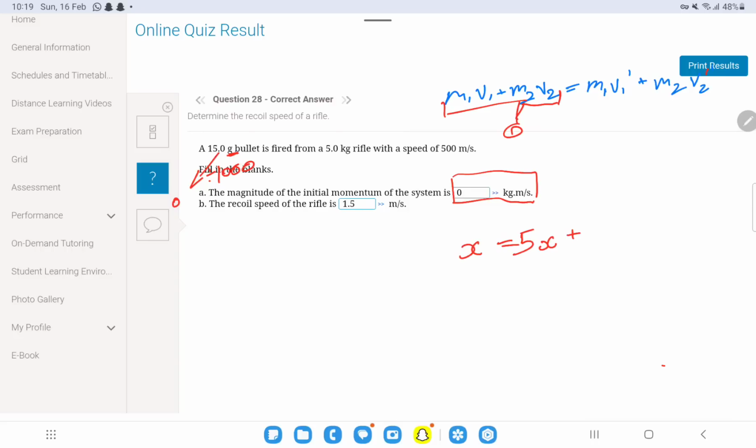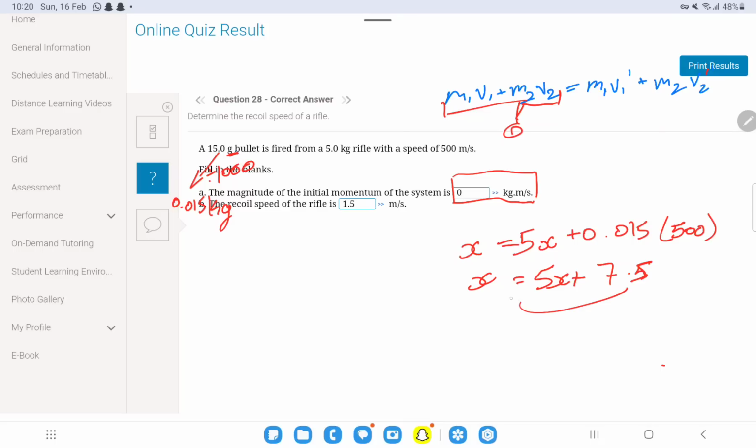We check on the calculator, yeah, 0.015 kilograms. So plus 0.015, and the speed is 500, equals 5x plus 7.5.